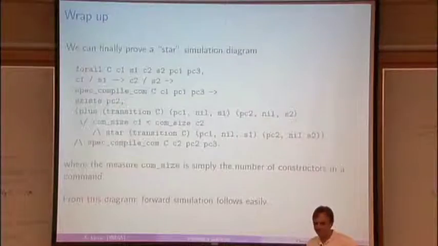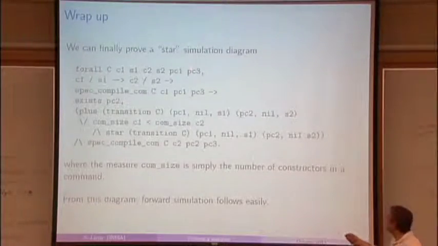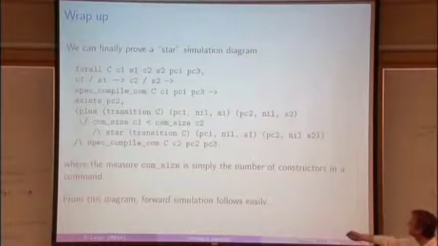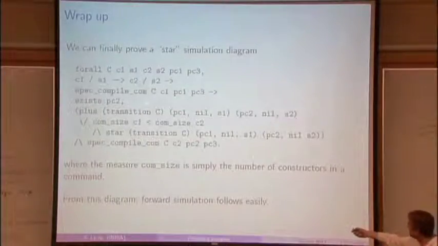Okay, and so in the end, we can finally prove a star simulation diagram. So one transition is the source code. Here, our invariant says that the machine is really in a state that matches, sorry, is at a PC1 that contains the code for C1.